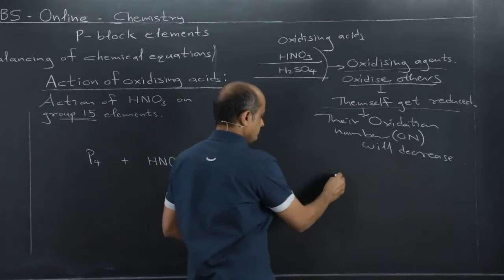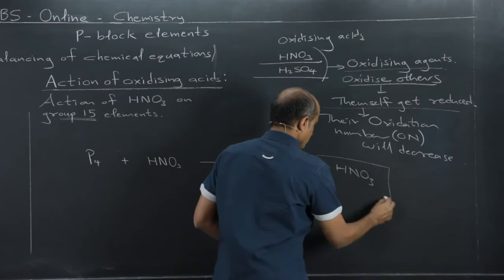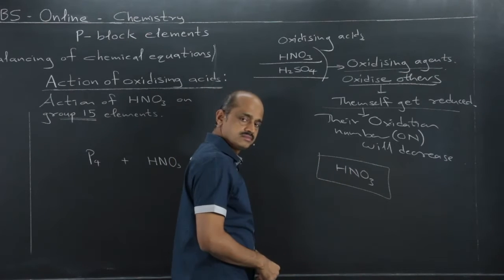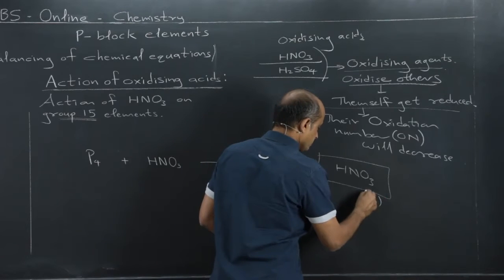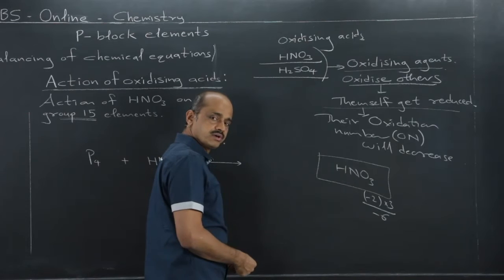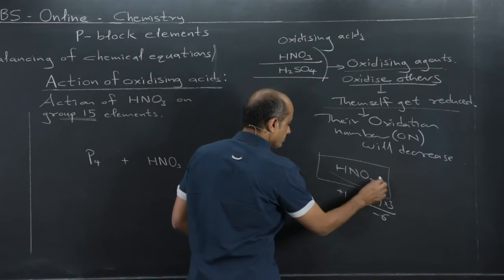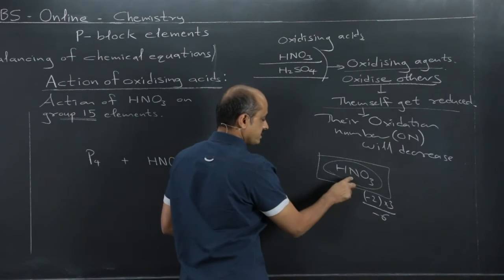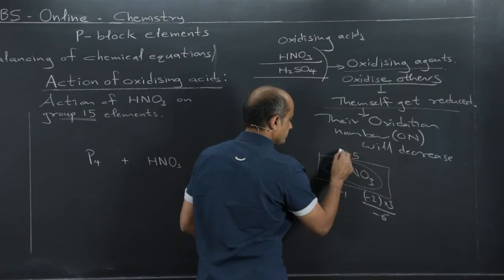Now, in nitric acid, the oxidation number of nitrogen is, let me calculate it: oxidation number of oxygen is -2, such 3 are there, so total is -6. Oxidation number of hydrogen is +1, and sum of oxidation number of all is 0, and therefore the oxidation number of nitrogen is 5.